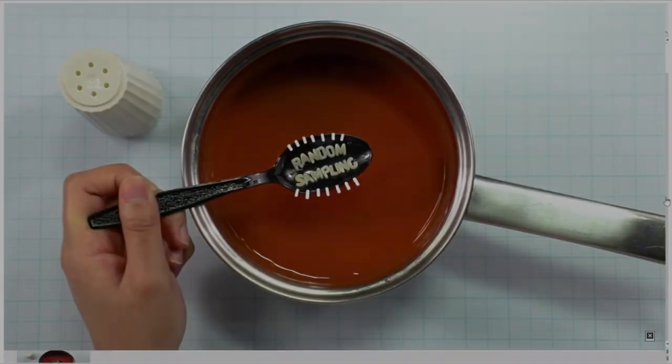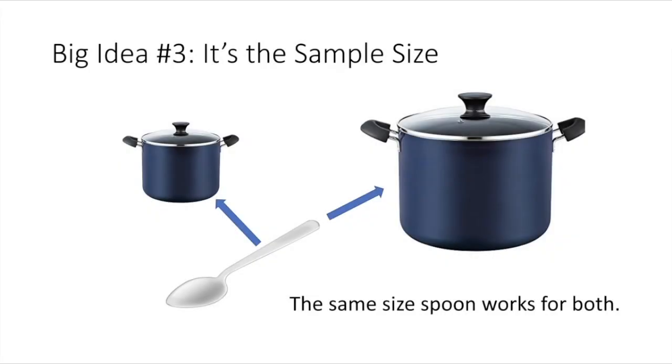That's random sampling. So big idea number 3, it's the sample size. Now, we've used this illustration of soup in a pot and how a spoon is the sampler, the pot is the population. But what if you had two different sizes of pots? Does that mean that you would choose two different sizes of spoon? No. The same size spoon will work for both.